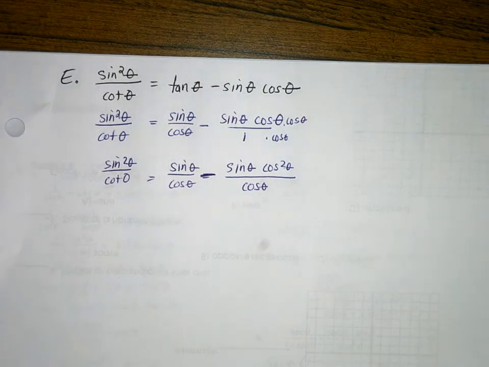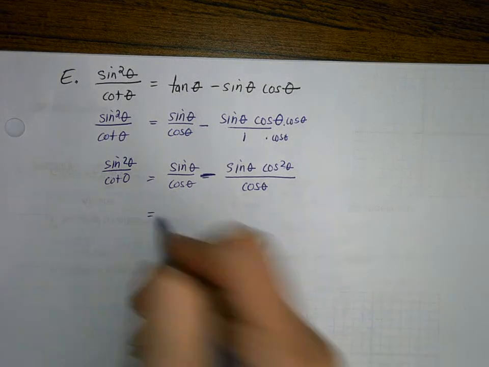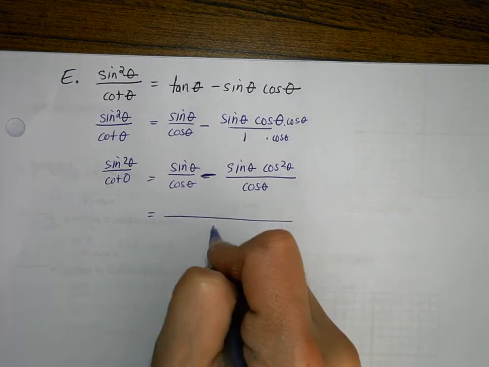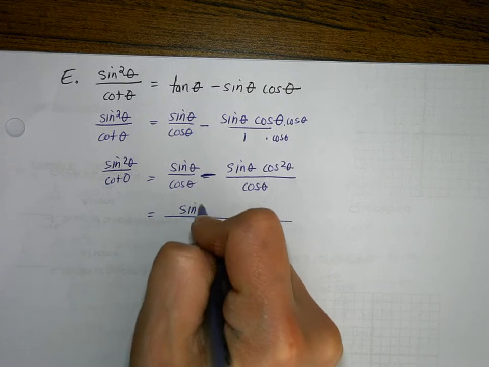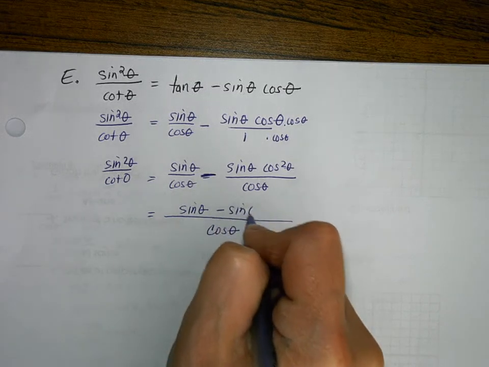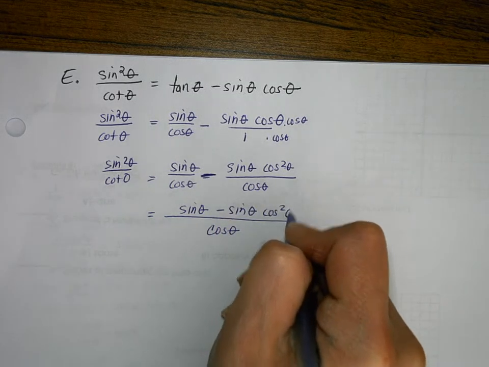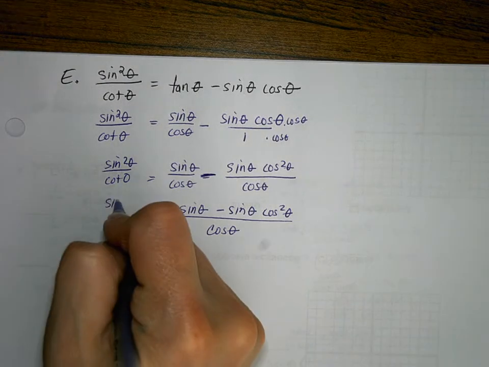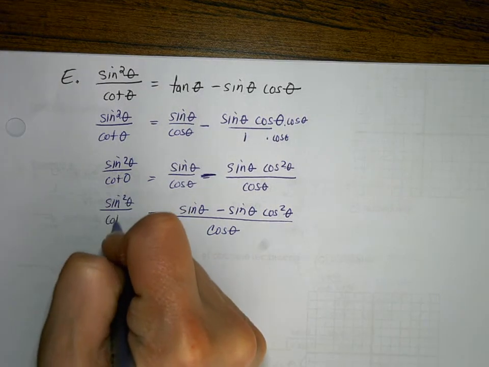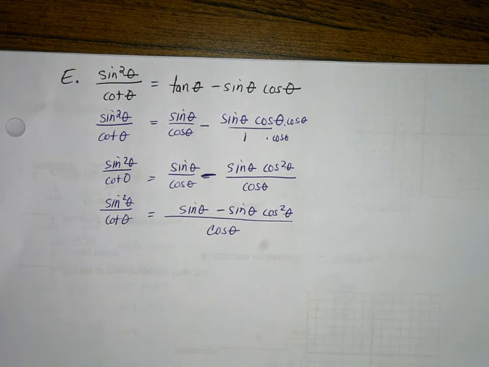All right. Now there's a common denominator, so I can put them together. So everything is over cosine of theta. In my numerator, I got sine of theta, subtract sine of theta cosine squared of theta, equals sine squared of theta over cotangent. All right.